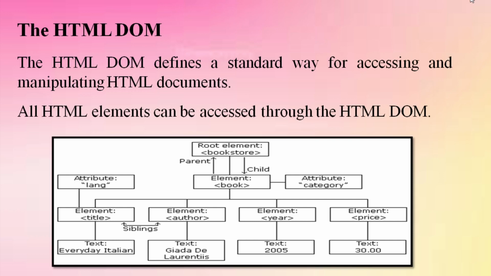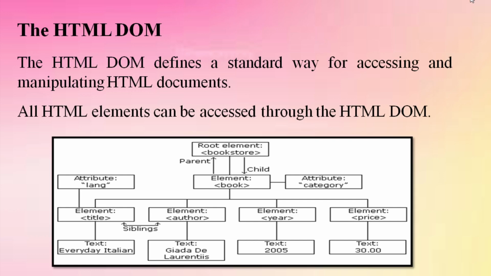Similarly, here I have given an example for XML DOM. A root, this is an example for bookstore. This is the hierarchical structure. Book, with element book and attribute category.